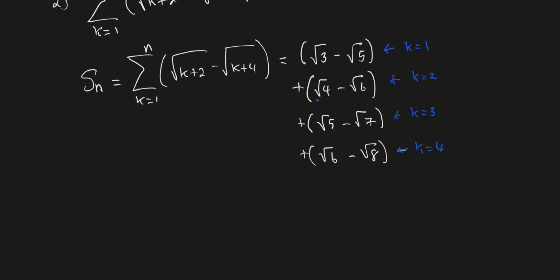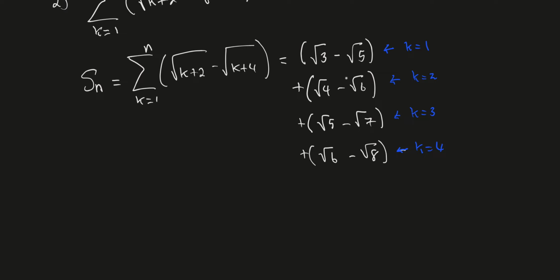It's root 3, root 4, root 5, root 6, and over here you have root 5, root 6, root 7, root 8. And then look, we have a minus root 6 and then a plus root 6. So I think things will cancel out.